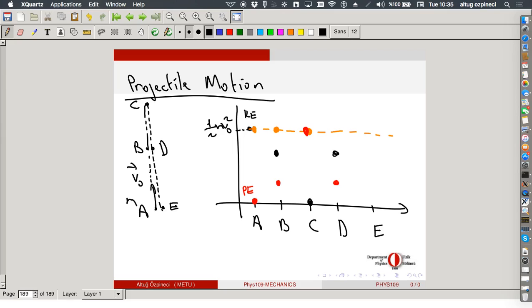The height of the point B and the height of the point D are equal, so the potential energies are equal. The mechanical energy is always conserved, so the potential energy plus the kinetic energy should always be equal to the mechanical energy. If the potential energies are equal, the kinetic energies should also be equal.